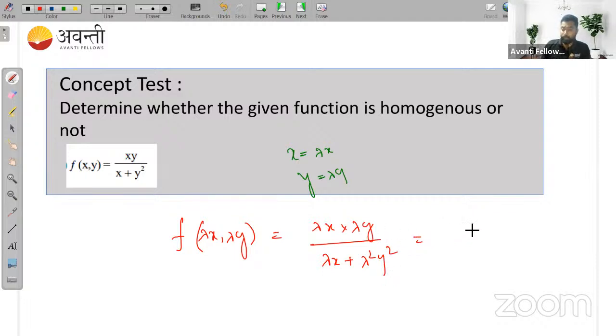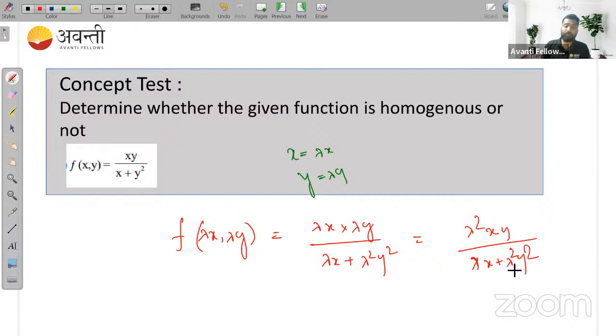From the numerator you can take lambda square into xy, and in the denominator you are getting lambda x plus lambda square y square.